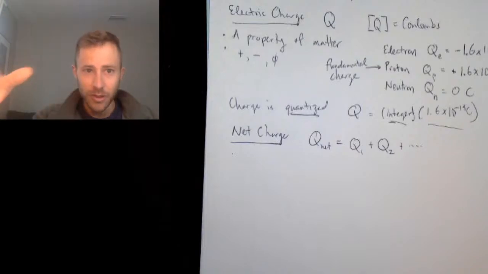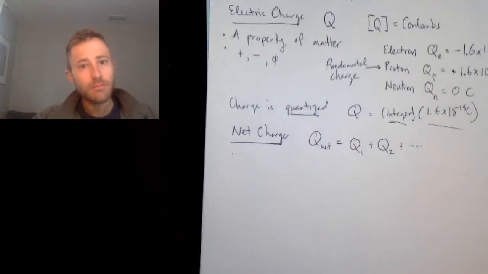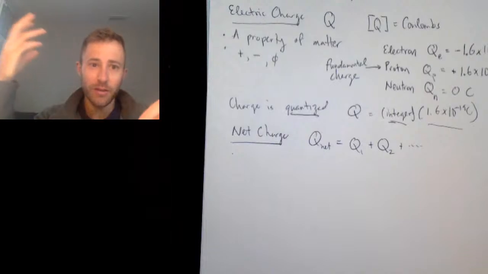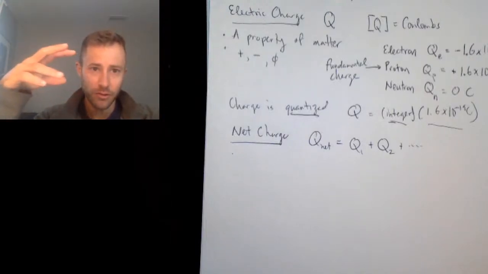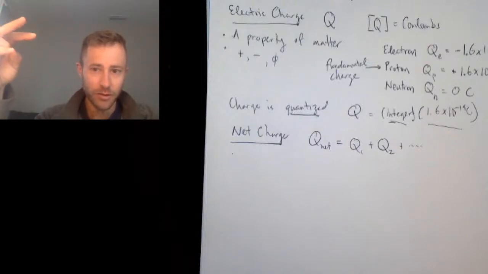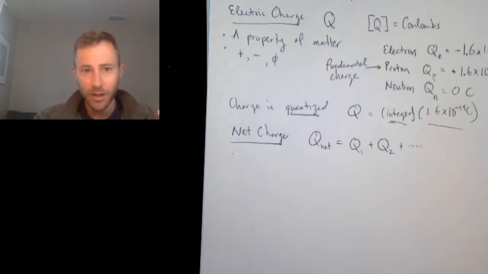And generally speaking, for an atom, the net charge is 0 because you have an equal amount of protons and electrons, so they cancel each other out in terms of the net charge. If you happen to have extra electrons or not enough electrons, you have what's called an ion.